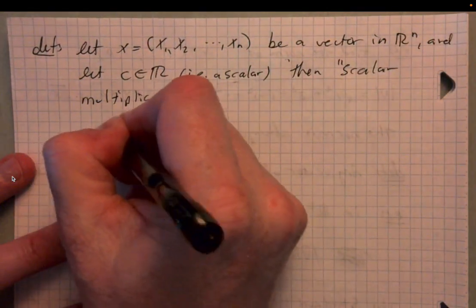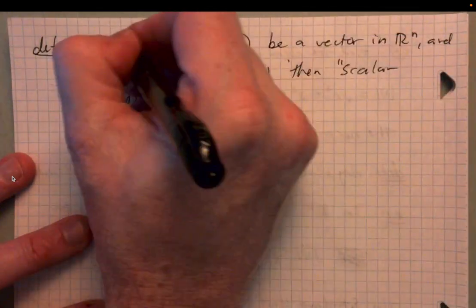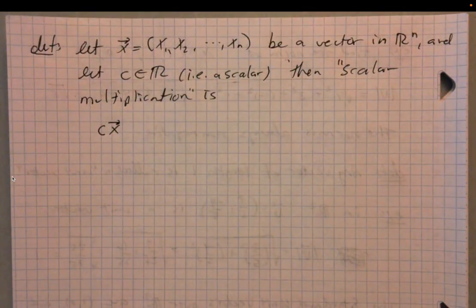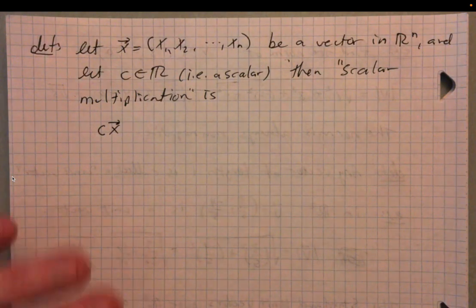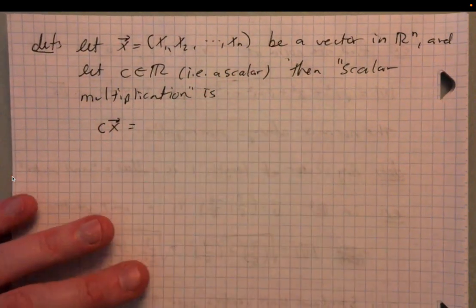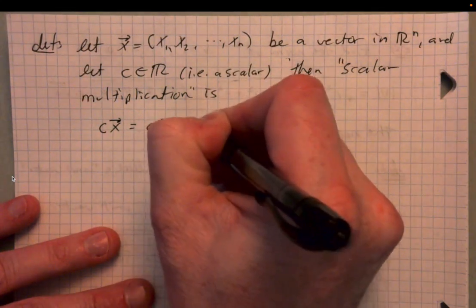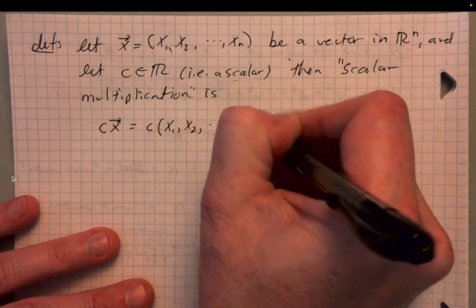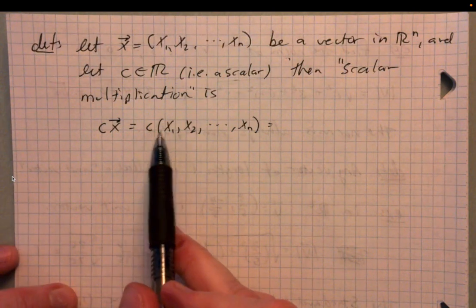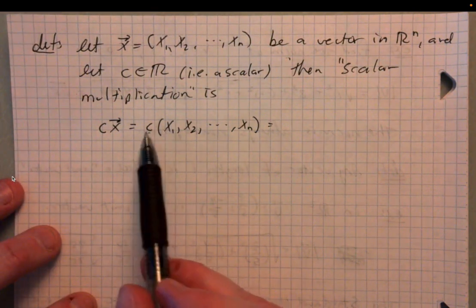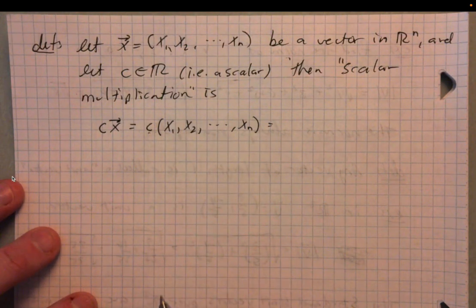Okay, scalar multiplication, it looks like this. So if I want to take c times x, maybe I should denote x as a vector with the vector symbol on top just for now, to distinguish x from its components and to distinguish the vector from the scalar. Right, so if I want to multiply a scalar times a vector, you basically take the scalar and you multiply it by each component separately.